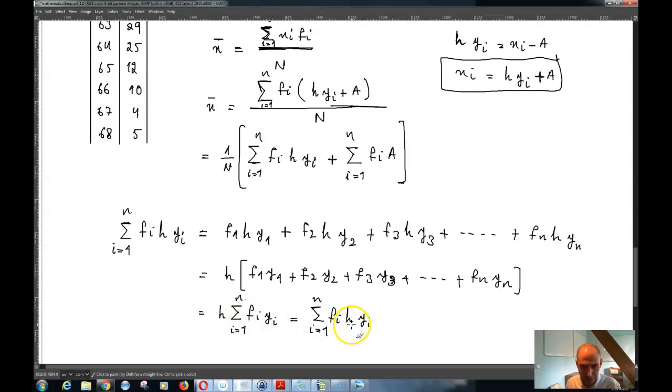So you can see that this term that doesn't depend on i, you can just take it out and your expression becomes like this.